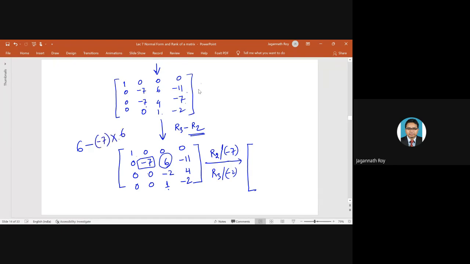So you have to write 6 by 7, or -7 is already there, so you have to add it. So 7 goes 6 minus 6, it becomes 0. By suitable multipliers, you can make them 0 also. But if you get 1 here, then choosing the multipliers will be an easy task.